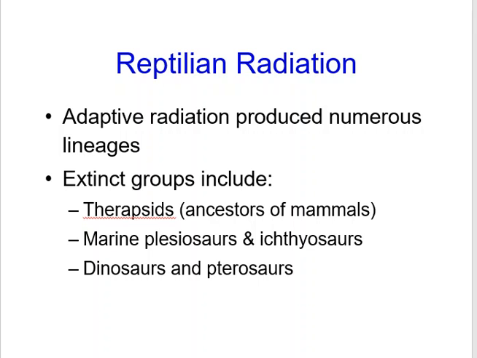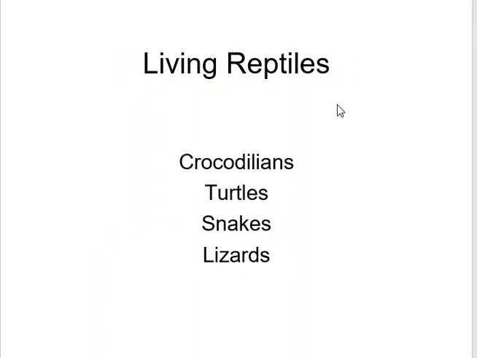So many lineages of reptiles evolved for this reason. And there are extinct groups that we recognize. And some of them you know very well. These are the dinosaurs, dinosaur groups that are all extinct. The living reptile groups are crocodilians, turtles, snakes, and lizards.